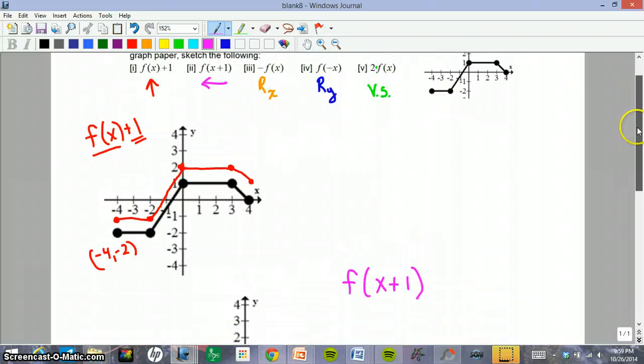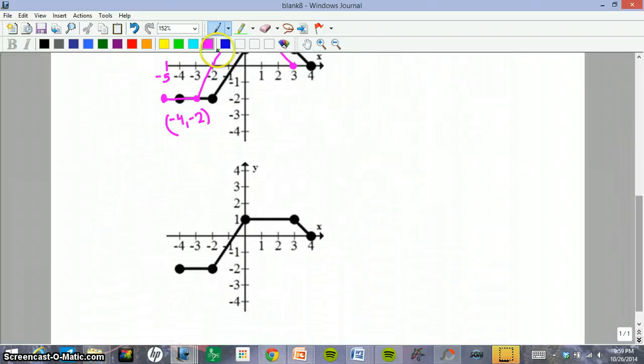Alright, negative f of x. So we still have this ordered pair, -4, -2. I kind of like starting here. This will ultimately be your x-axis reflection, but if we literally do what we kind of know, take the opposite of the output here.